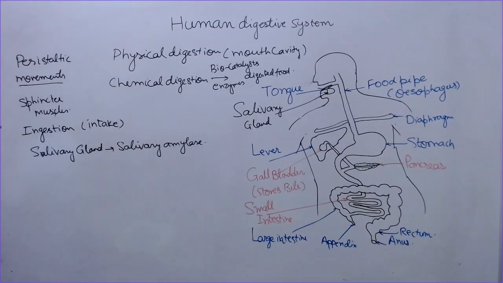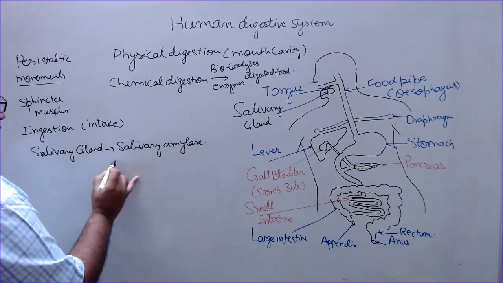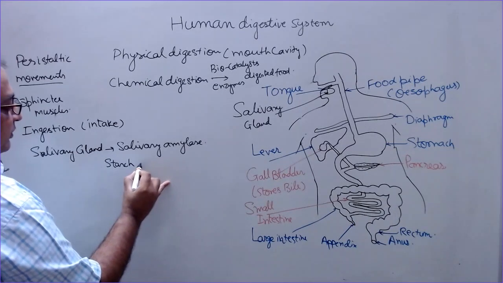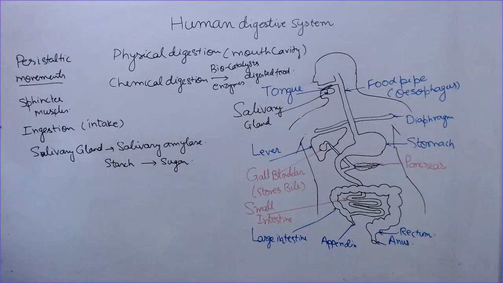How this happens, let us discuss. The salivary amylase converts the starch or the carbohydrate present in the food into sugar. So the digestion begins here. This is the significance of the salivary amylase.